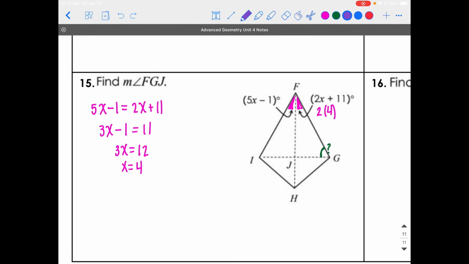All right, so if I do 2 times 4 plus 11, that's 19.